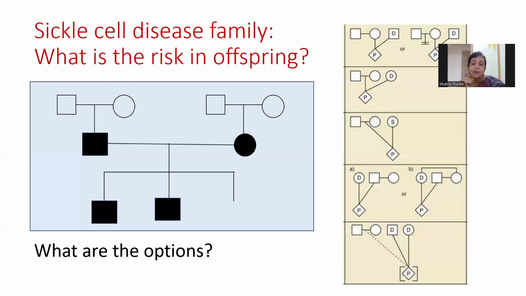So while offering options like ovum donation or sperm donation, you have to be aware of what the family feels about the disease and what their decisions are. They may not want ova donation, or they may live with sickle cell disease and take good care of their children.